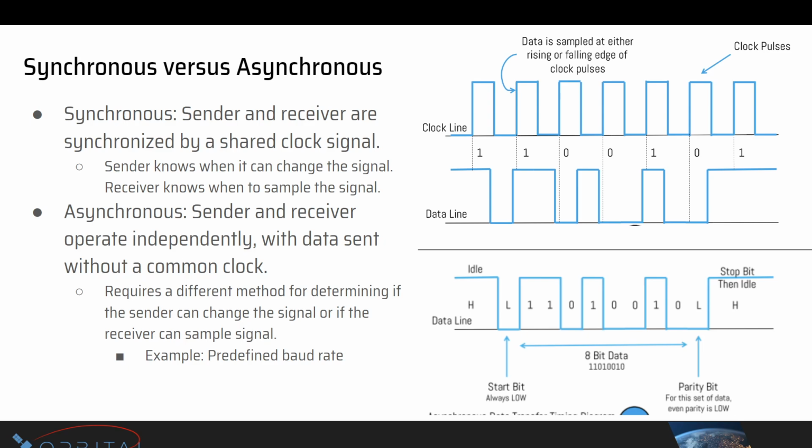Or we can say in the first half of a second, the receiver can sample the signal. In the second half, the sender will be changing the signal, because it knows it's not being read at that time.